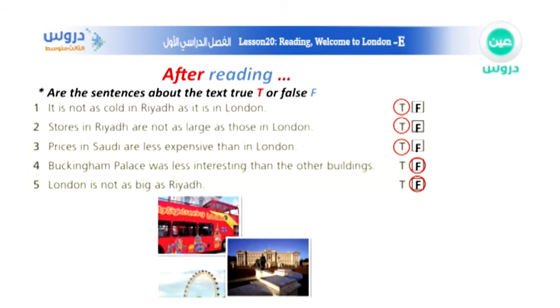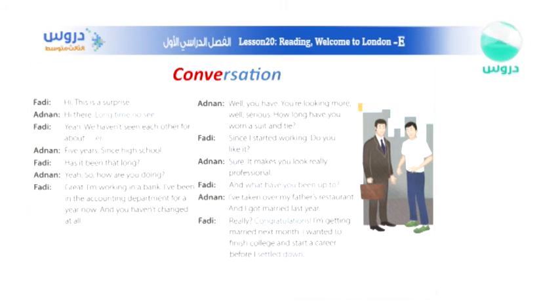So now we are moving to the next activity. Conversation. I need Fadi and Adnan. Now I'm 100% sure that Salam's microphone is working properly. I need someone else to volunteer. Anas or Ahmed? Who wants? Oh, Anas, you don't have a microphone. Oh, you can't read, really?